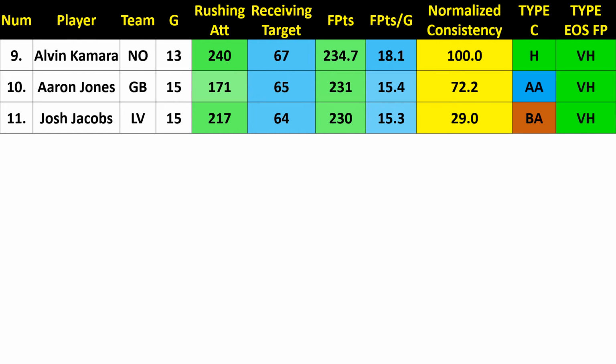His consistency was 100, and that's high. Jones was 72. That's above average. It's not bad, but it's not a Kamara, and it's not high. And Jacobs was really different than these cats, and he was below average. But they were all high in points, but completely different in their weekly journeys.